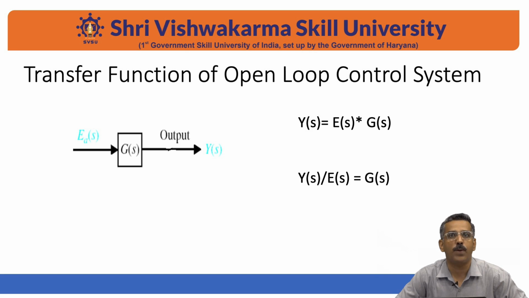In the case of open loop control system, after converting this differential equation into the Laplace transform, the input will convert from r(t) to R(s), the system will convert into G(s), and output y(t) will change into Y(s). Now, the overall transfer function of open loop control system will become G(s) is equal to Y(s) divided by R(s).